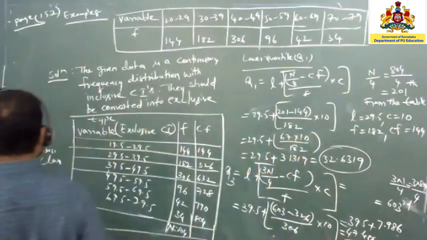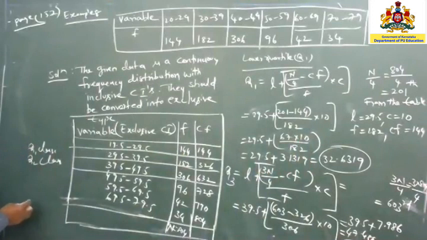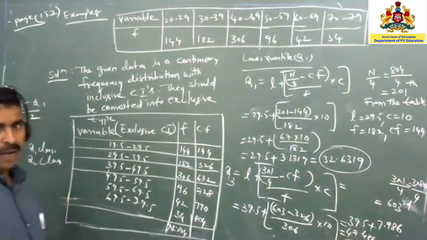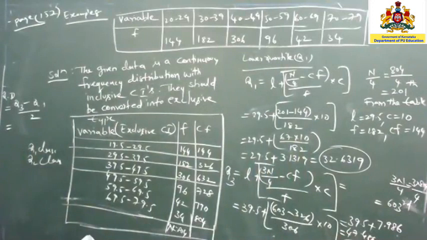Then quartile deviation QD equals (Q3 minus Q1) by 2. By simplification you will get the answer. Already you know how to find the value, so you substitute the values and simplify.